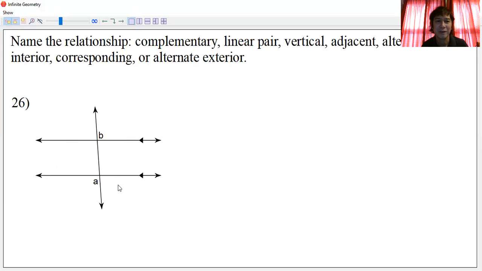So just remember exterior angles are angles that are outside the two lines. So these are exterior angles, and they're positioned on different sides of the transversal line. So we call it alternate exterior.